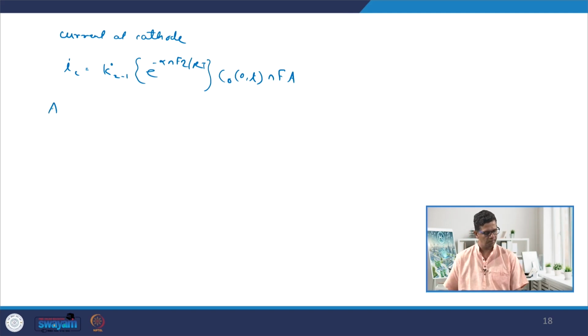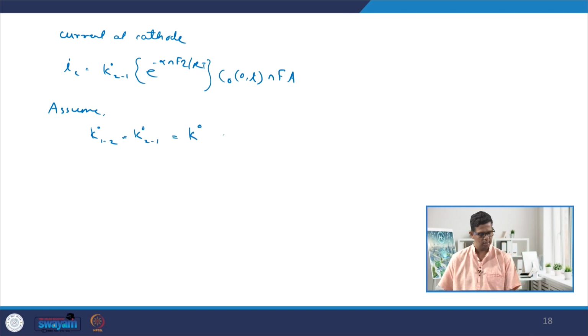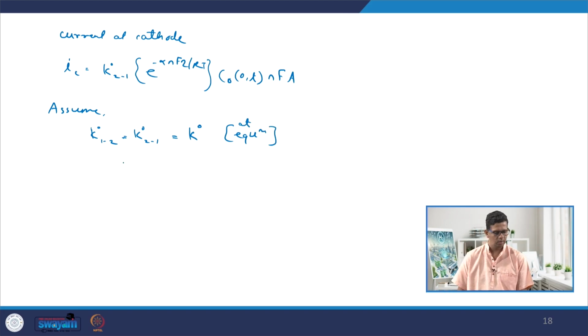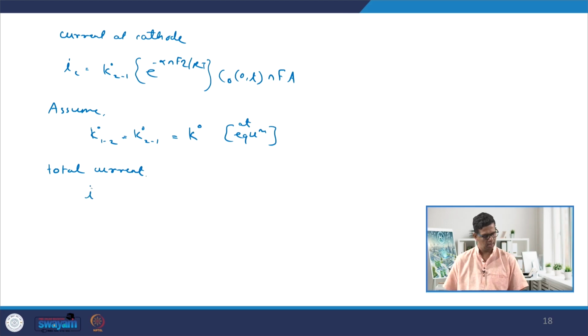So let's assume k naught 12 is equal to k naught 21. Let's call this k naught, only at equilibrium. So what will be our total current? The net current will be I equals anodic current minus cathodic current.